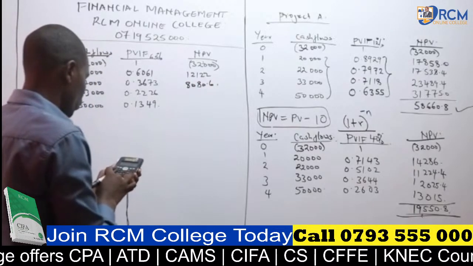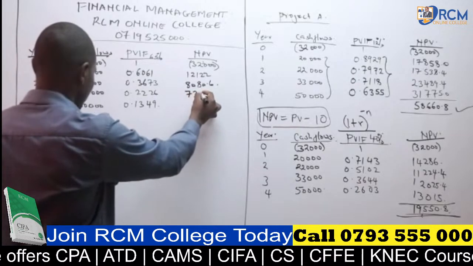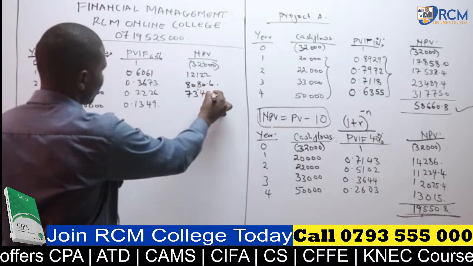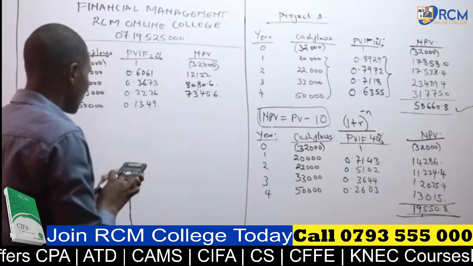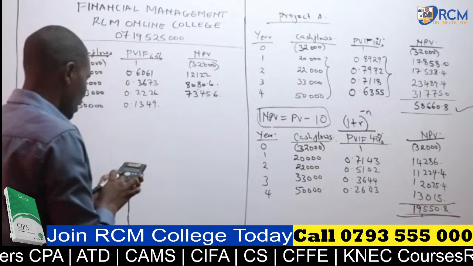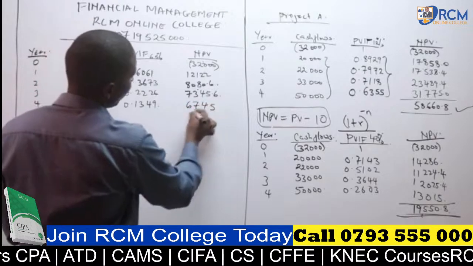Times 0.2226, 45.6. We're almost there. 50,000 times 0.1349 is 6,745. Now, where are we now?